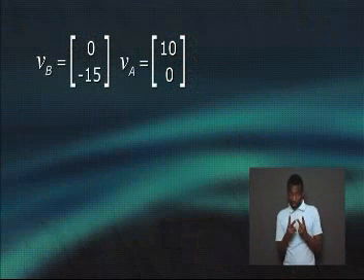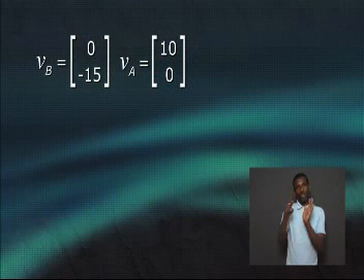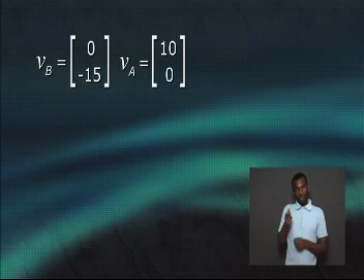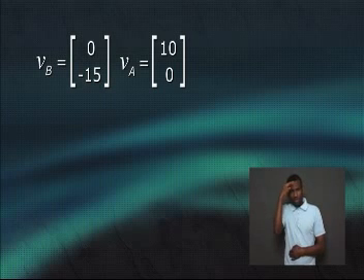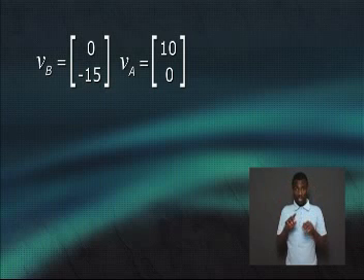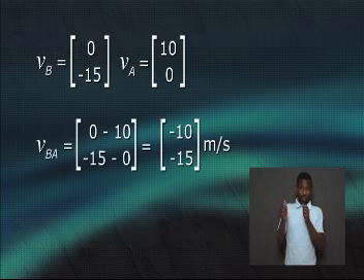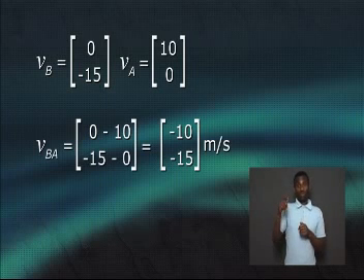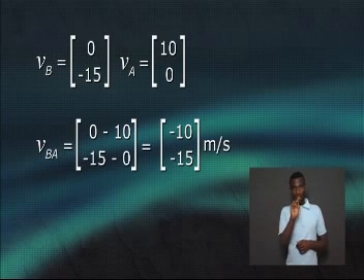In vector form, the velocity of the rain is 0, -15. The velocity of the car is expressed as 10, 0. Because we are trying to find the velocity of the rain with respect to the car, we subtract 10 from 0 and 0 from -15.